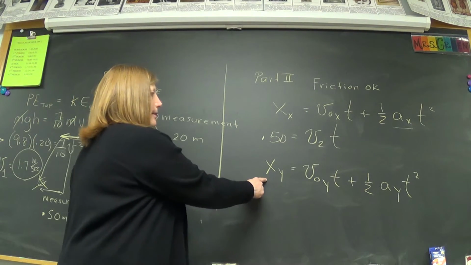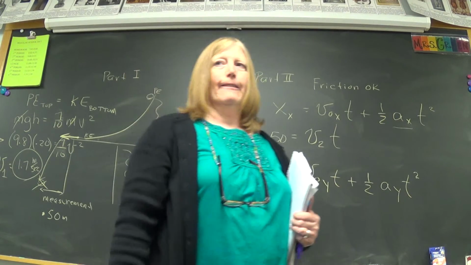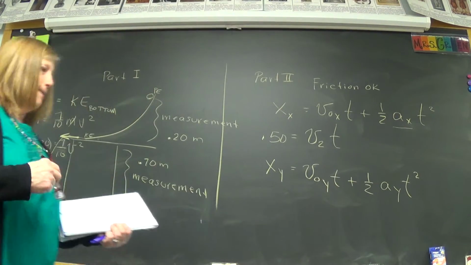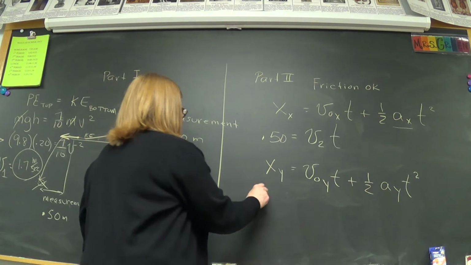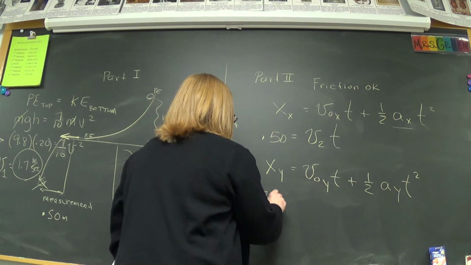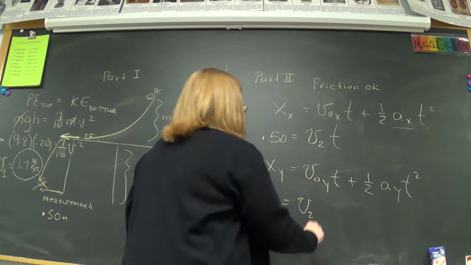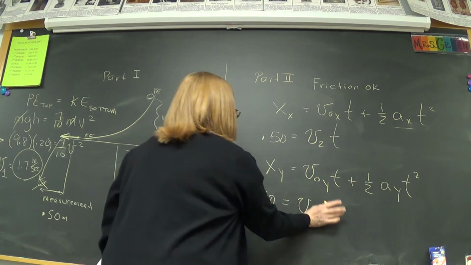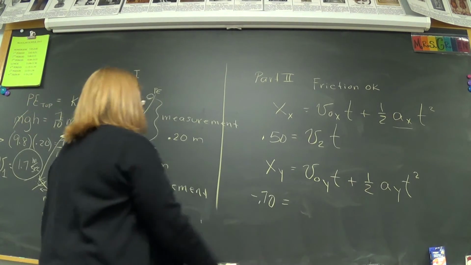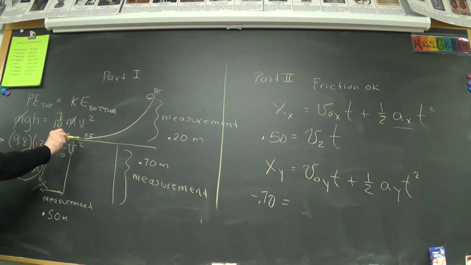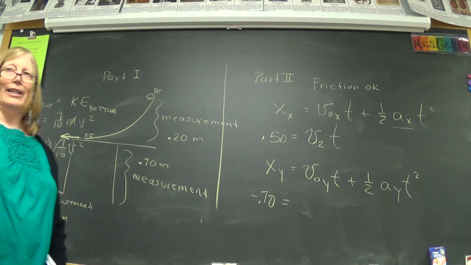Do we know x, the distance in the y direction? It is the fall from here to here, which is 0.2, and mine is 0.7. It went downward, so use a negative sign. This is V2, no, that's V2 up here, sorry. Molly, what is the velocity, just for an instant, when it comes off the table in the y direction?